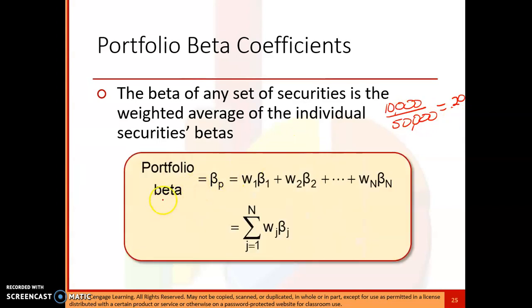So portfolio beta is simply the weight of each of the individual securities in that portfolio multiplied by its beta, and we sum those up. It gives us the beta for the portfolio. There are a couple of homework problems where you'll be asked to do this.